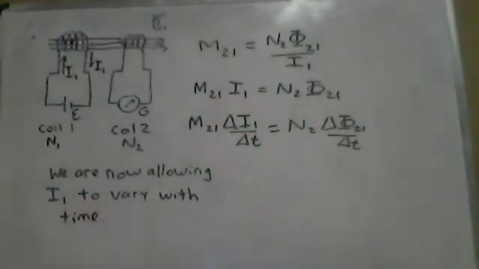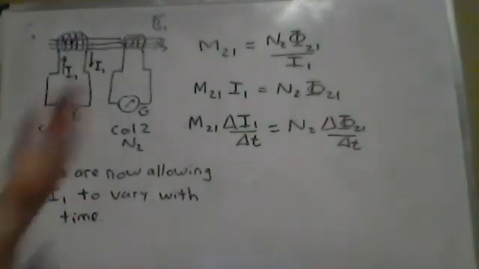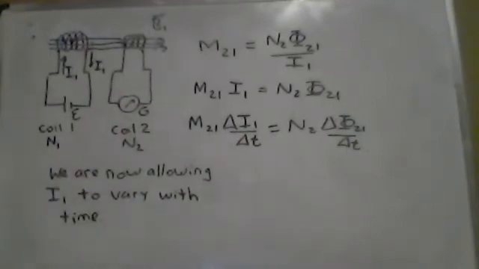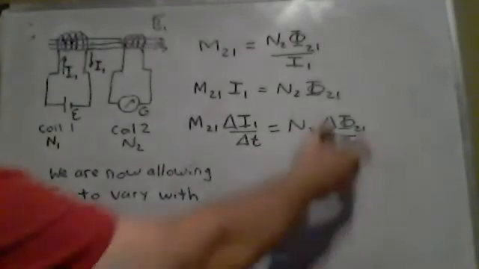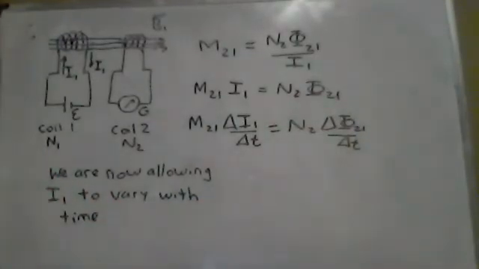In that case, you'd have a time varying flux B21 in coil 2. And so again, the right hand side looks like it's basically Faraday's law.